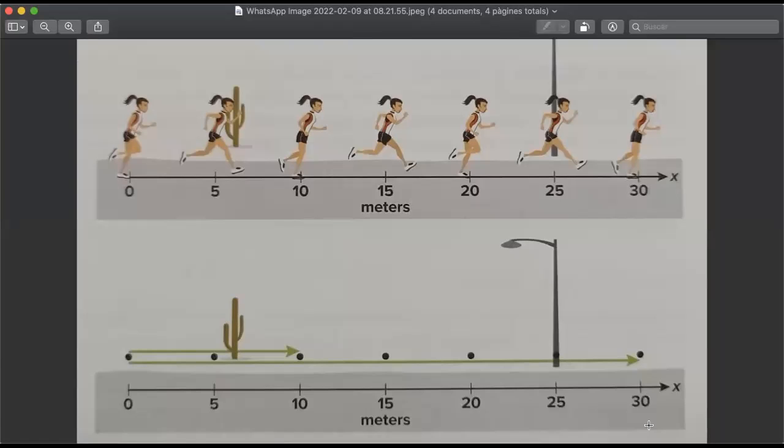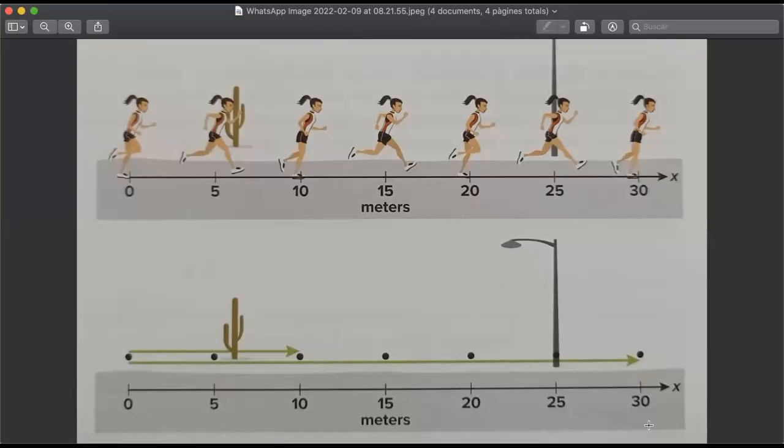Yeah, it's a straight line. We have a 0 point at the beginning. Of course, that will be the origin, 0. And the runner, of course, will move to the right.